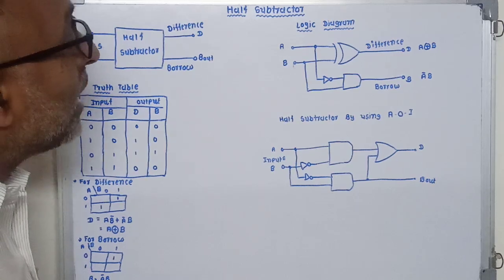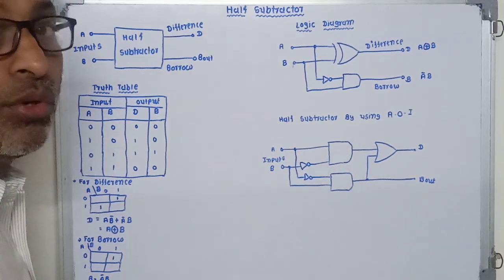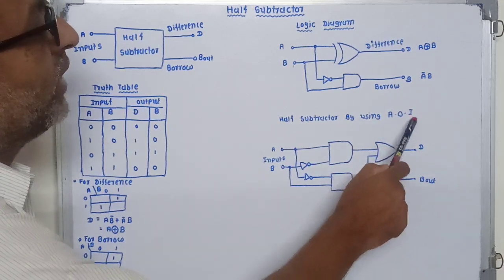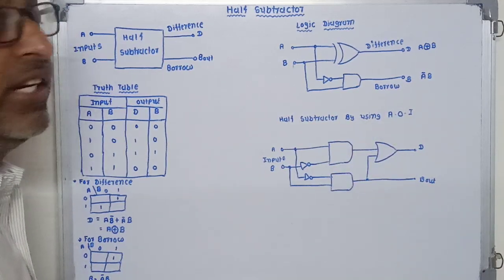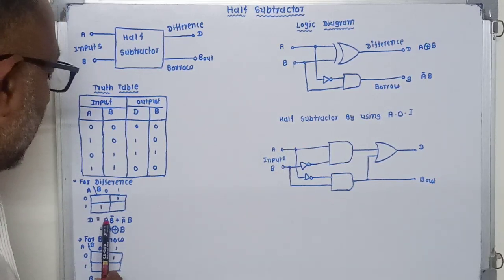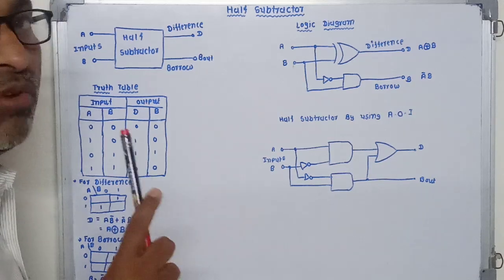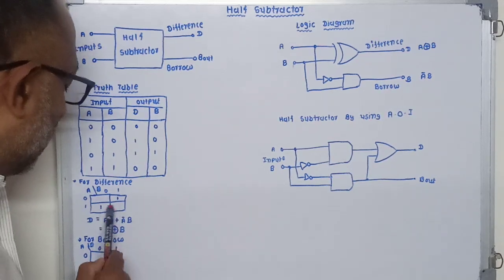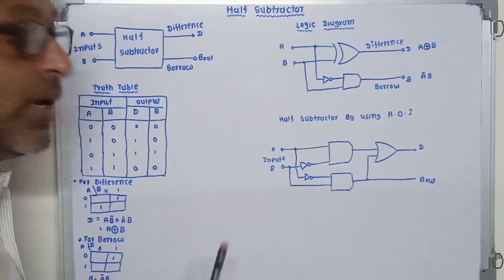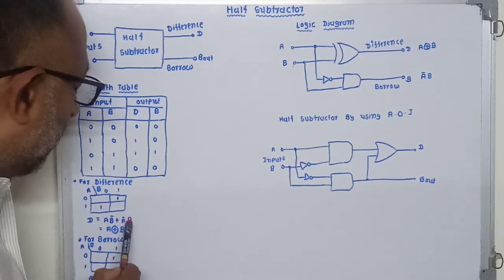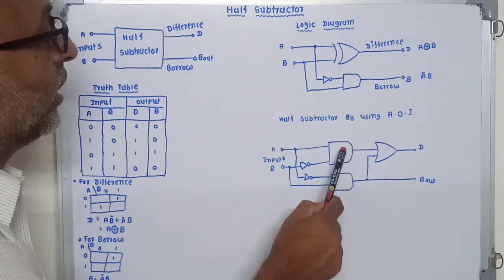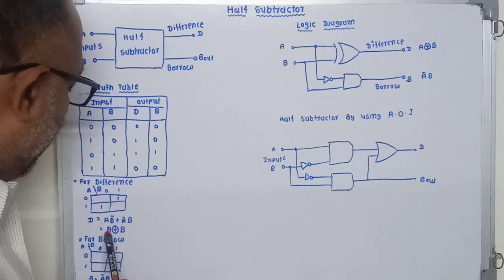Now this same half subtractor circuit we can arrange by using only AND gates, OR gate and inversion gates. Inversion is nothing but a NOT gate. Already we have seen that it requires A into B bar. That means one AND gate is required to get A into B bar, and similarly we also require another AND gate to perform A bar into B. So for the first one, it requires A into B bar.